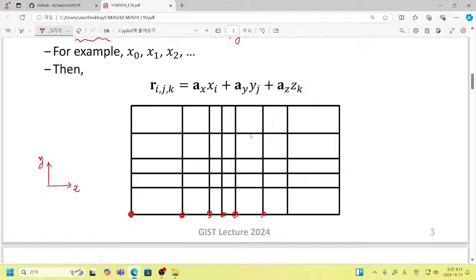Yes, this is just one-dimensional, but they can be, in general, non-uniformly spaced. Between these points, we have a wider spacing, and here we have a relatively narrow spacing. So we have some freedom to select those points.